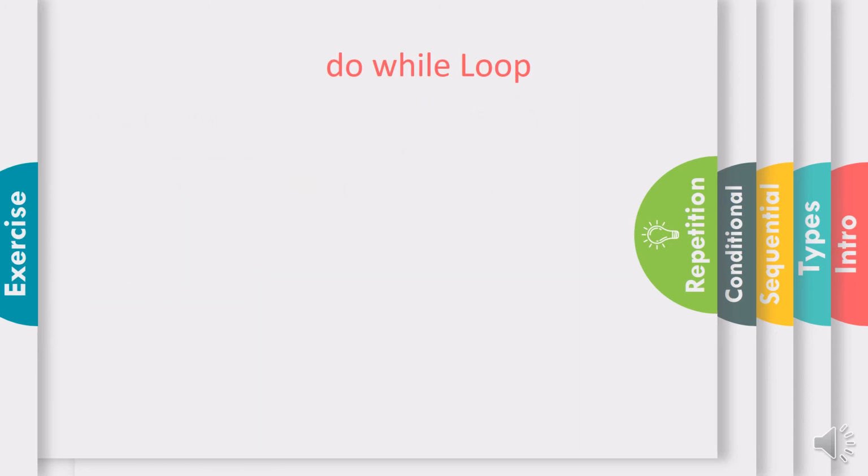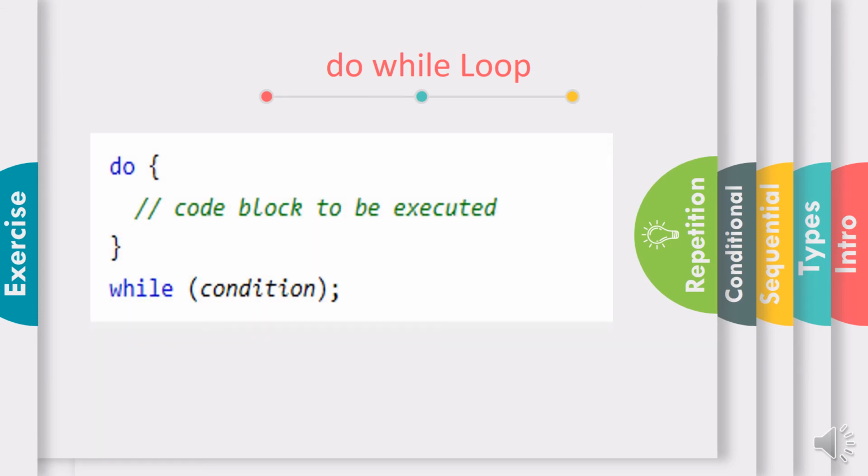We will now discuss the syntax of the do while loop. This is the general form, or the syntax, of the do while loop. First of all, we mention the reserved word do, then this is the start of a do while loop, this is the end of a do while loop, and in between these two curly brackets we write down the code that we want to execute.